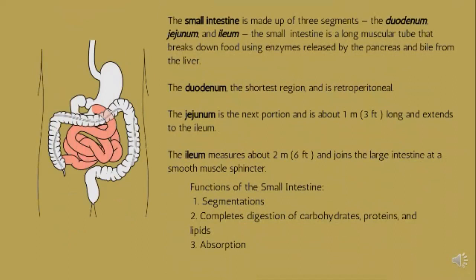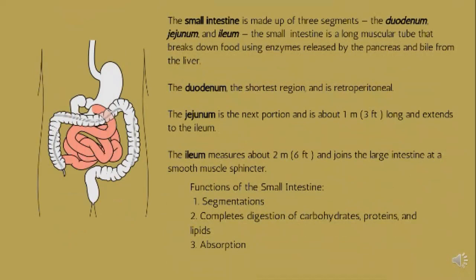Most digestion and absorption of nutrients occur in a long tube called the small intestine. Because of this, its structure is specially adapted for these functions. So, there are 3 regions in the small intestine. The first part of the small intestine is the duodenum.